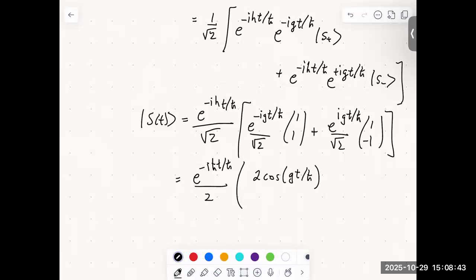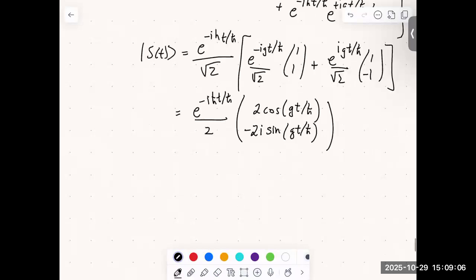And here I have the difference. So it's e to the minus i some stuff minus e to the plus i some stuff. That is minus 2i sine g t over h bar. All right.